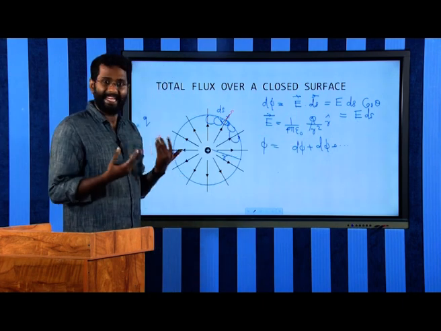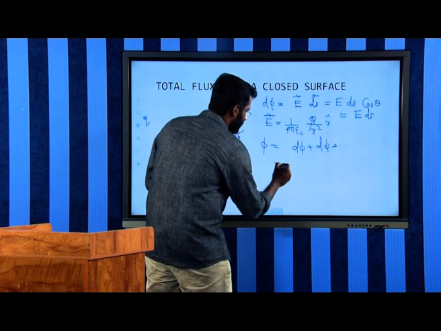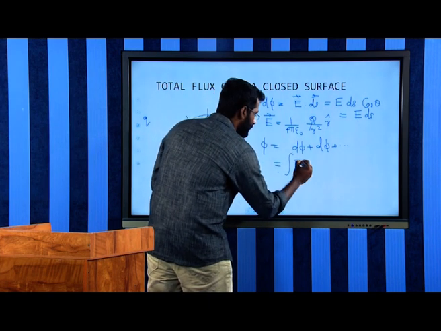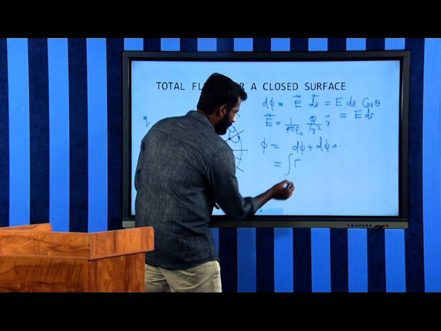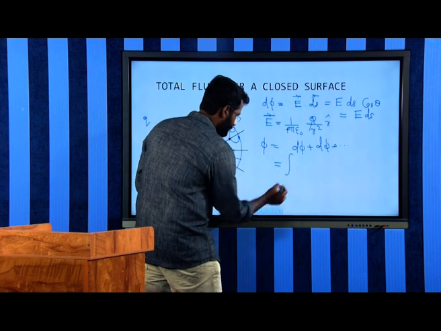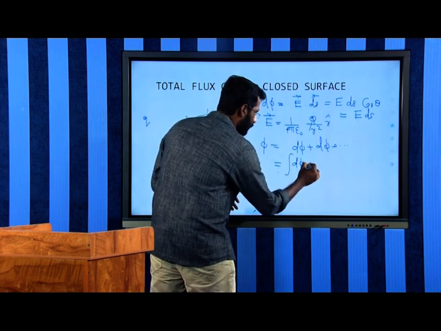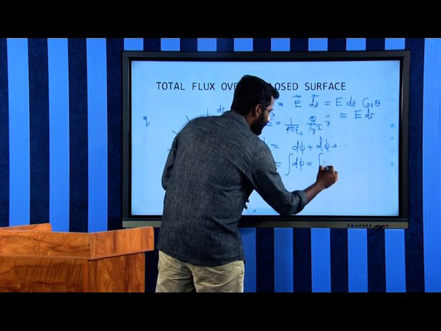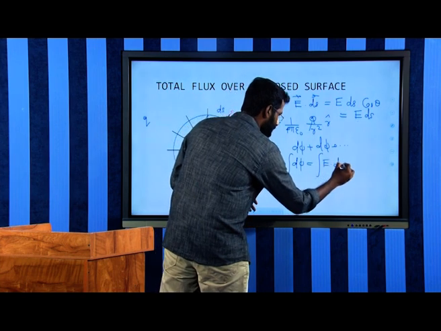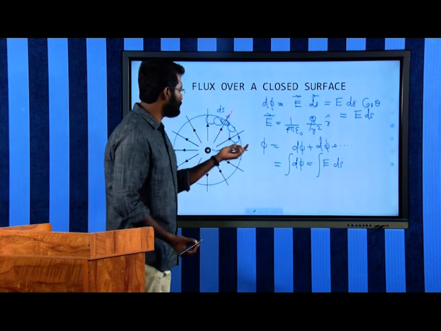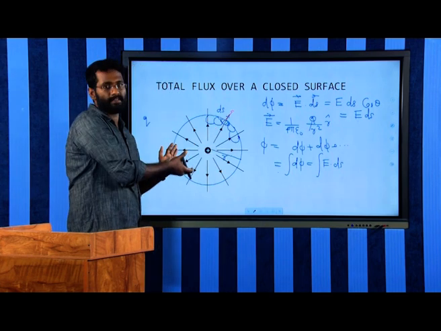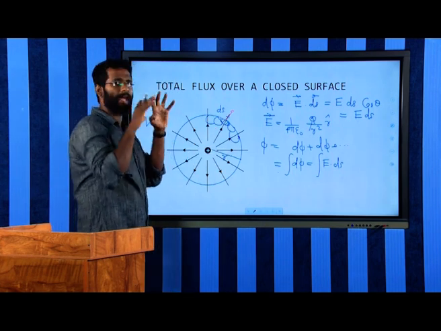Instead of that we can integrate it. That is equal to integral d phi, which is equal to integral E dot ds, and we are calculating it over the entire surface, which is a closed surface.